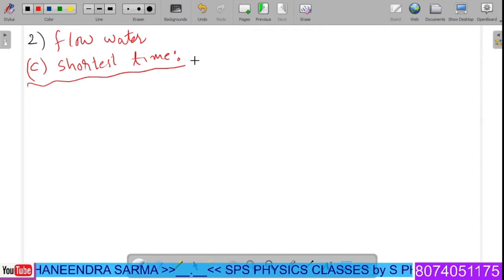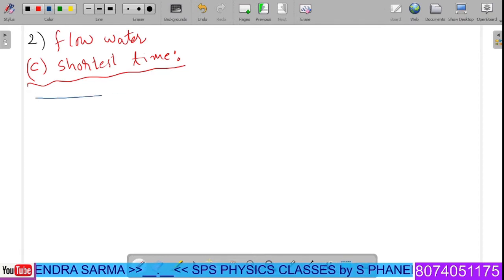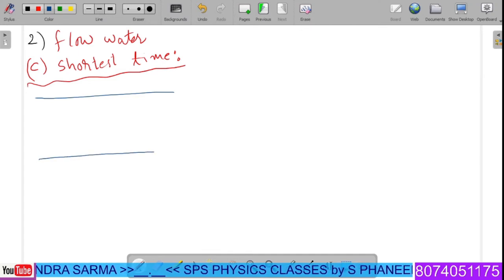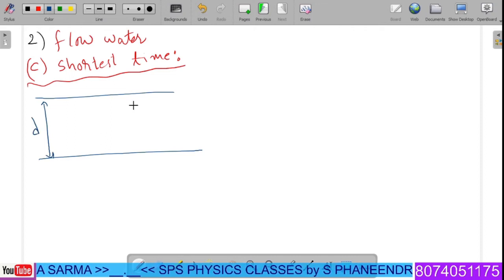So in the shortest time, how do you calculate this particular concept? Imagine that this is the width of the entire river. Let D be the width of the river.